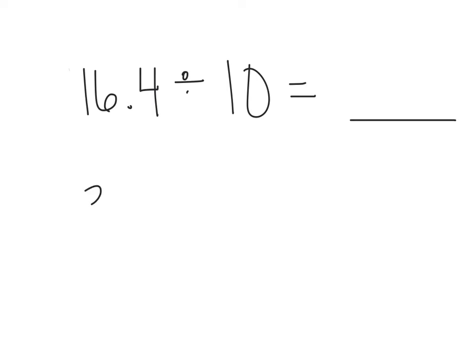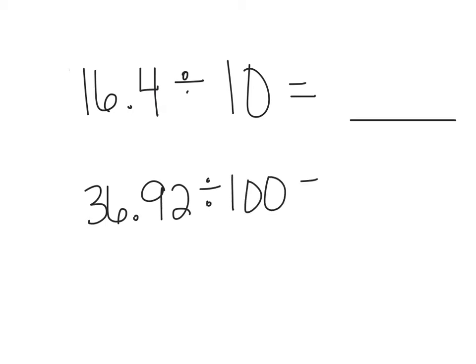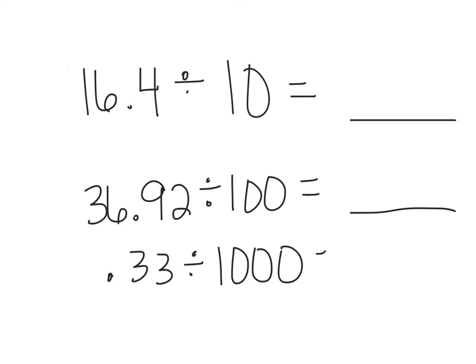Then you're going to write down 36.92 divided by 100. And the last one that you're going to write down is 0.33 divided by 1,000. Ooh, that one looks like it's going to be a tough one.